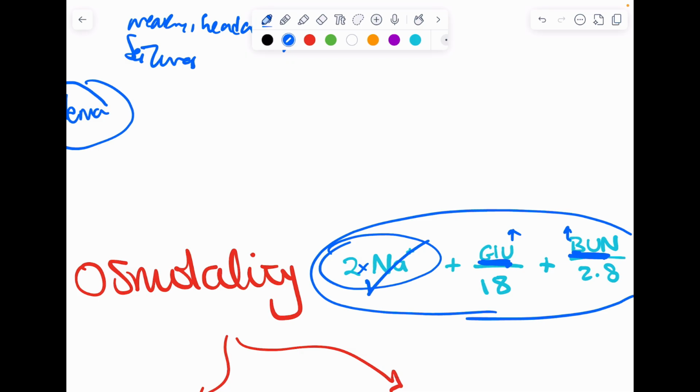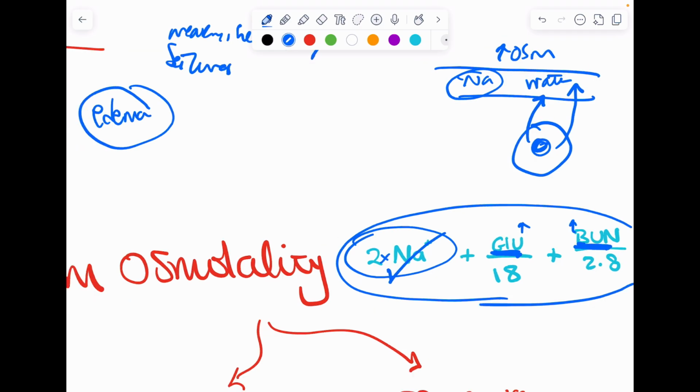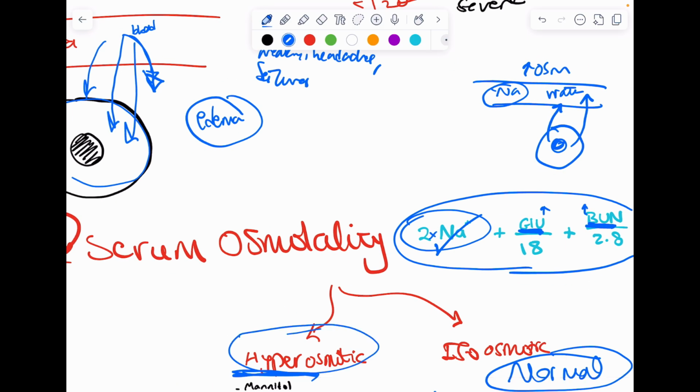When we have such osmotically active substances in blood at very high concentrations, that would drive more water from the intracellular compartment to the blood. Because of such high osmolarity in blood, more water moves out of the cells into the blood. This free water dilutes the sodium concentration in plasma. And that's why you get hyponatremia despite high serum osmolarity.